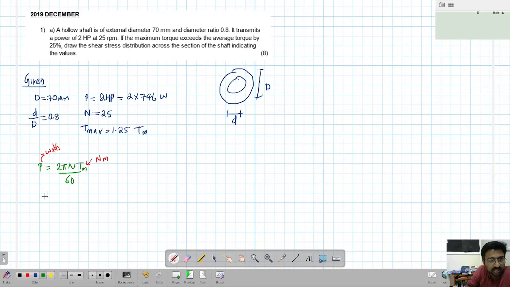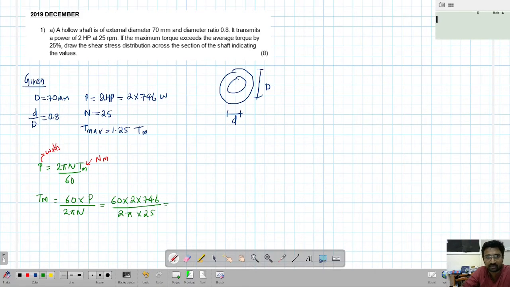So T mean equals 60 times power divided by 2 pi N. This is nothing but 60 times 2 into 746 watts divided by 2 pi into 25.